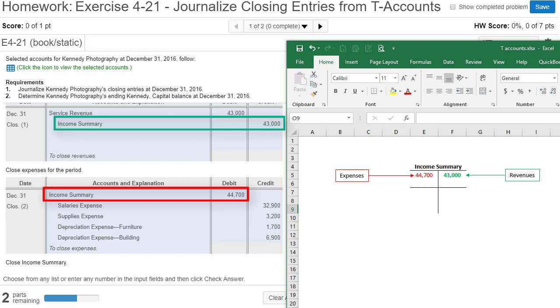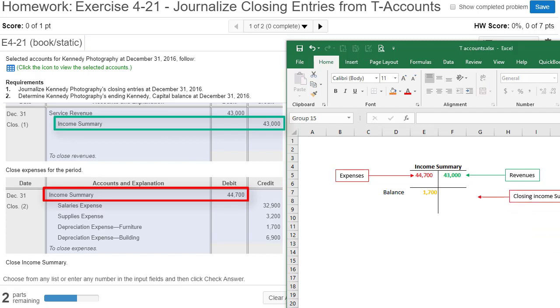Now we need to calculate our balance. And the balance has to go on the bigger side, so it looks like this is going to be the bigger side. And since I'm in Excel, I can just have Excel do the math for me. So it looks like we have a debit balance of 1,700. So now I need to close this account. So how do I close the account? The closing will be on the opposite side.